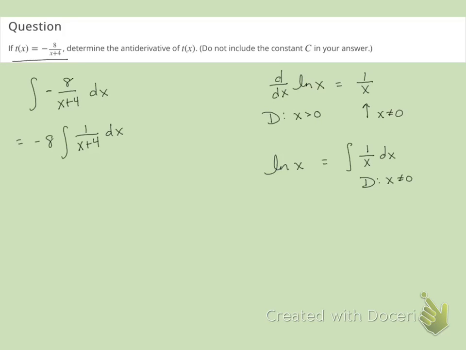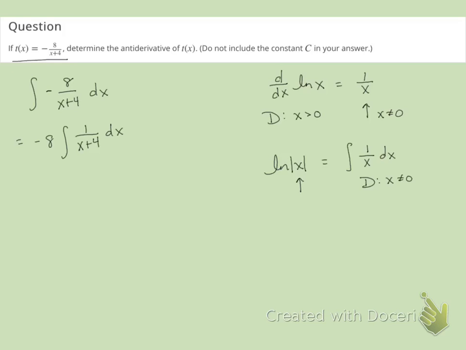But again, we can't have 0 or a negative number as an argument inside the natural logarithmic function. So we know that this x here is not 0, but now we have to make sure that this argument is positive. So to do that, we put absolute values around the x.